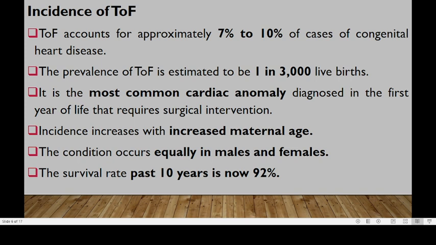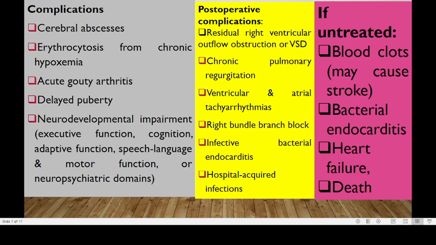So incidence normally increases with increased maternal age, as we have indicated in the risk factors. When you compare male and female babies, the condition occurs equally in males and females, and the survival rate for the past 10 years is about 92%.